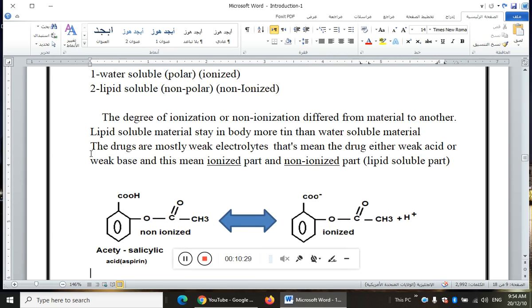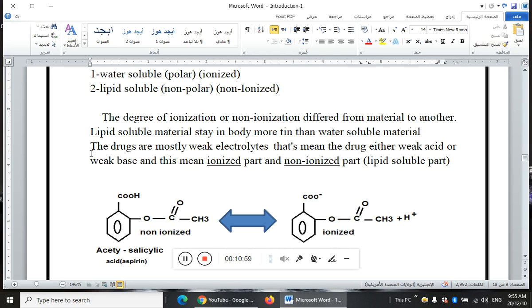So if we need the drug to transport through the cell membrane, it must be non-polar or lipid soluble or non-ionized. But mainly the drugs are mostly weak electrolytes. That means the drug contains two parts.